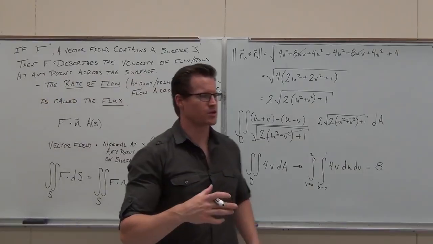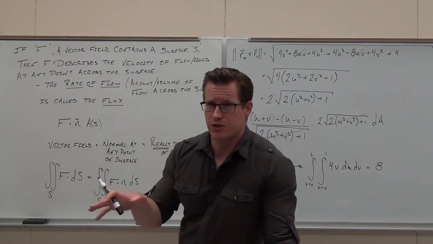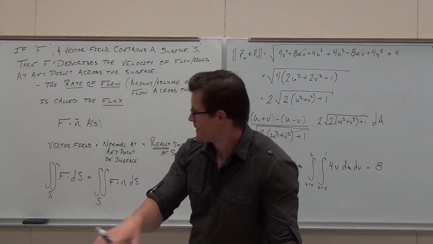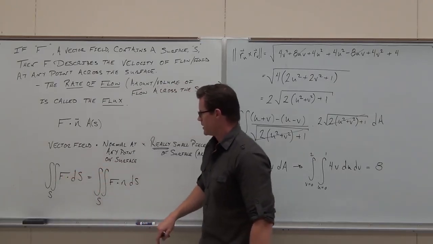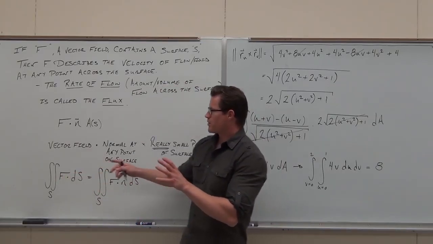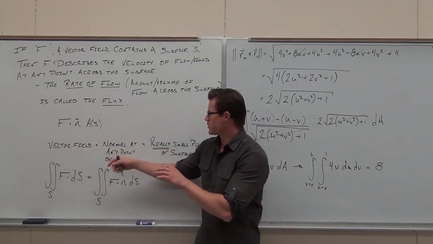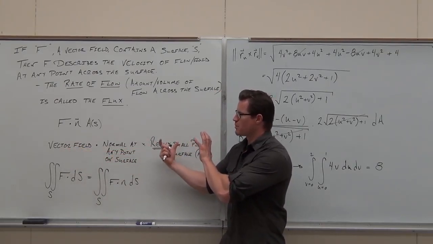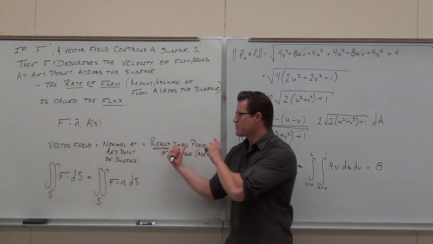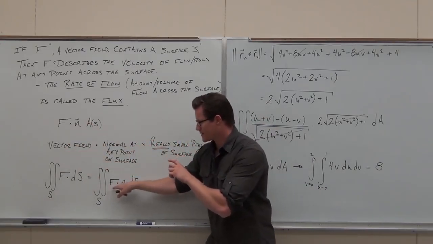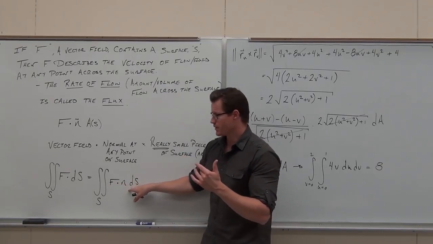If we want to do a surface integral where our surface is going through a vector field, that's what this says: a surface integral through a vector field. We're going to think of this as the vector field dotted with a normal times a really small part of area. This is the amount of the fluid going through that area. That's what this means.